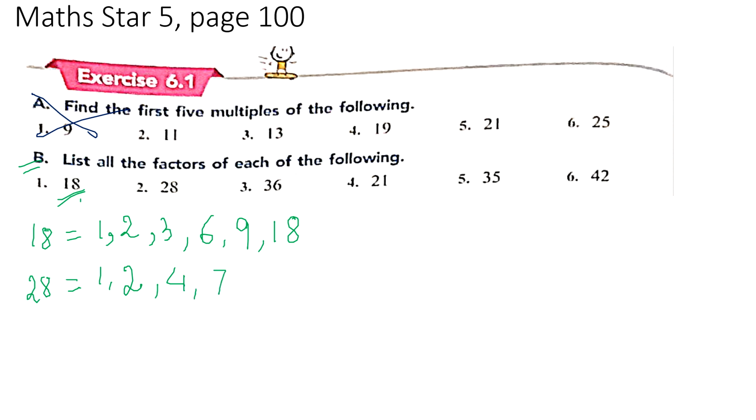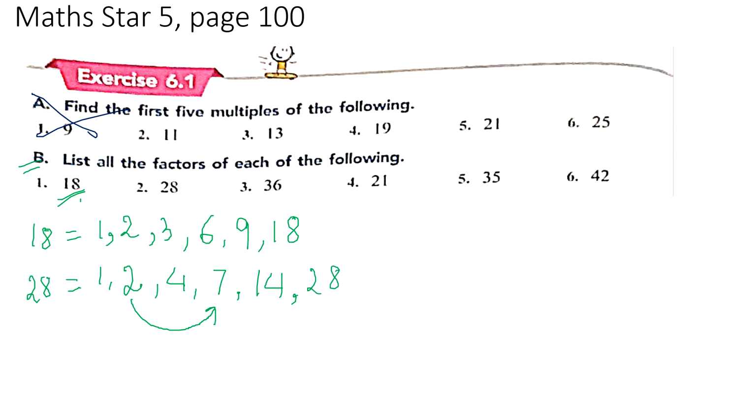Now, to get the next multiple, multiply 2 and 7, okay? 2 times something has to be 28, isn't it? So 2 times 7 is 14. 14 times 2 will be 28. So this is the way you have to find the multiples and then the number itself.